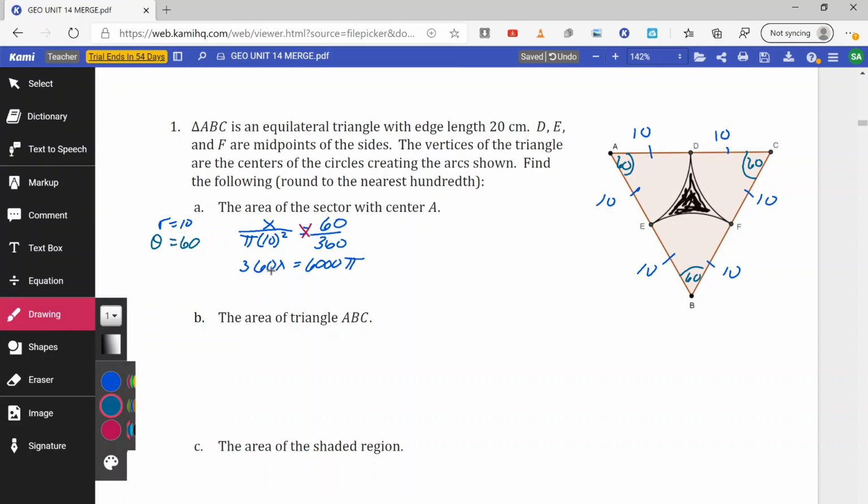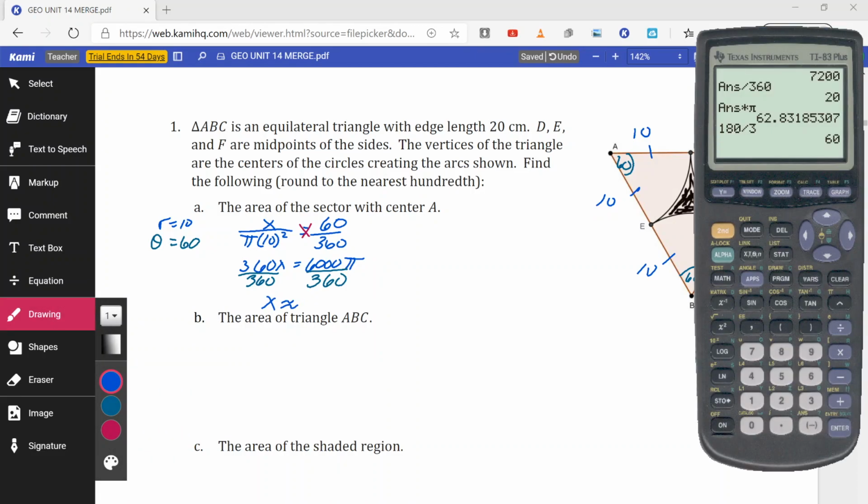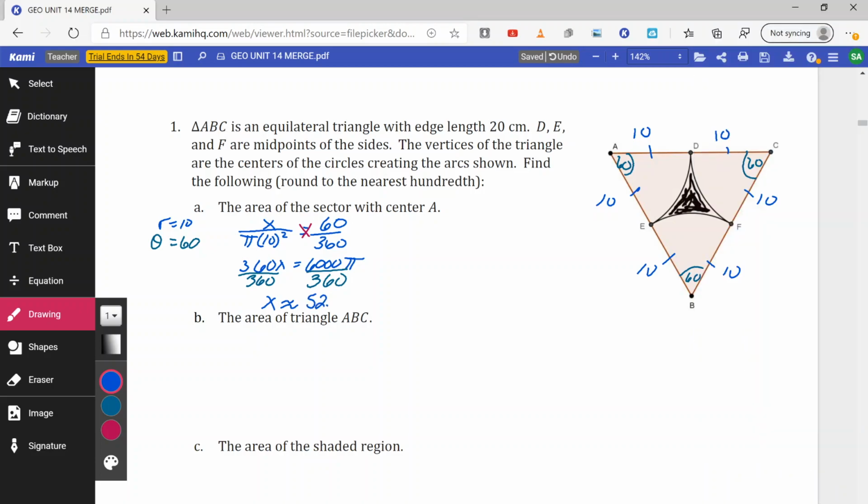And then we divide by 360. And we get x is approximately, so 6,000 pi divided by 360 gives me an area of approximately, to the nearest hundredth, 52.36. In this case, centimeters squared.